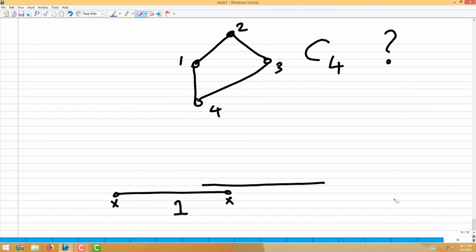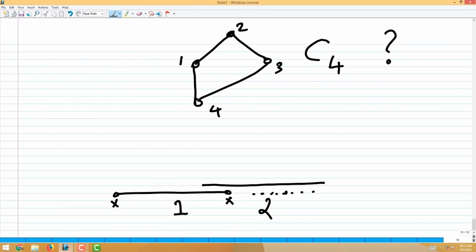So if I put it like this, and the third vertex, this is 2, when I put the third vertex, I should make sure that it does not intersect with 1, but it should intersect with 2. That means I can only put it starting from somewhere here.